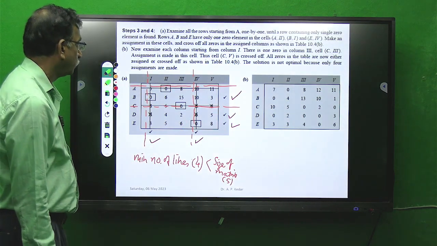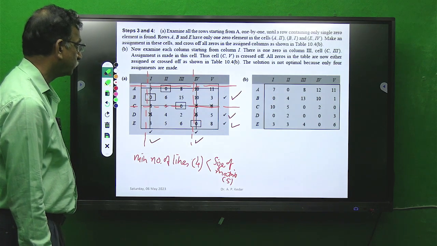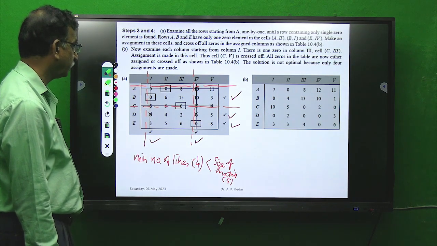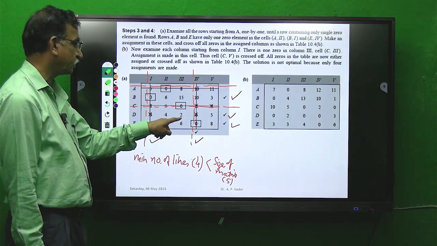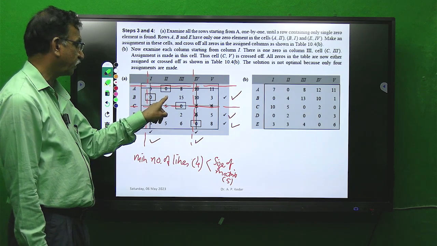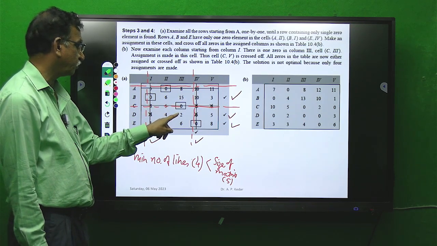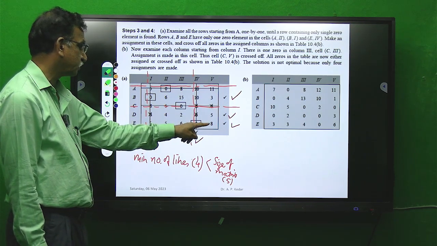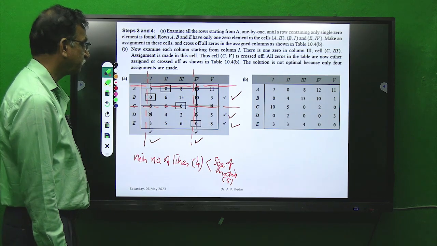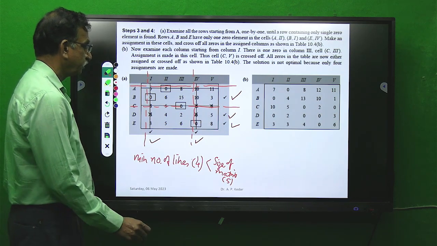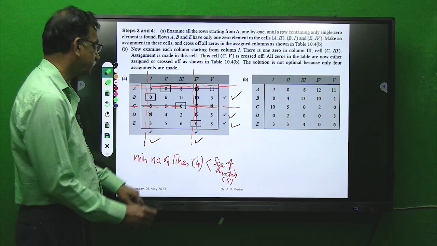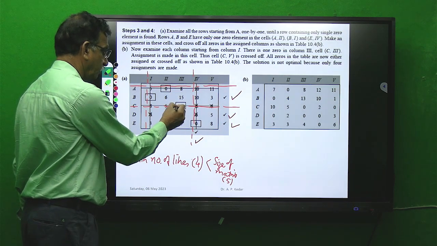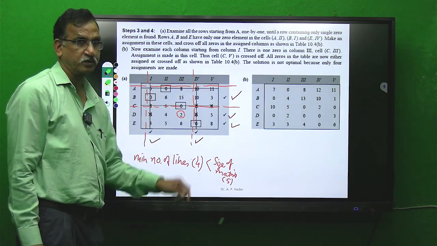So what we have to do? We have to select the first minimum value. So obviously you can see from these 5, 6, 15, 3, 4, 2, 5, 5, 6, 8, which is minimum. So the minimum is 2, through which a line does not pass.